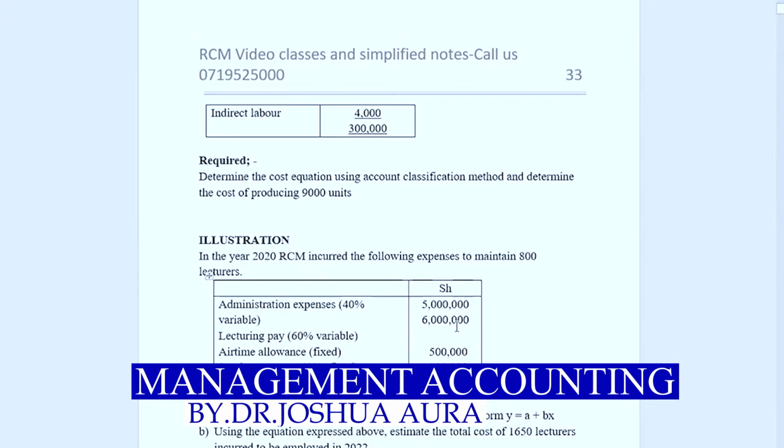And then we have airtime allowance, which is supposed to be 500,000. Yes, airtime allowance is the one supposed to be 500,000.